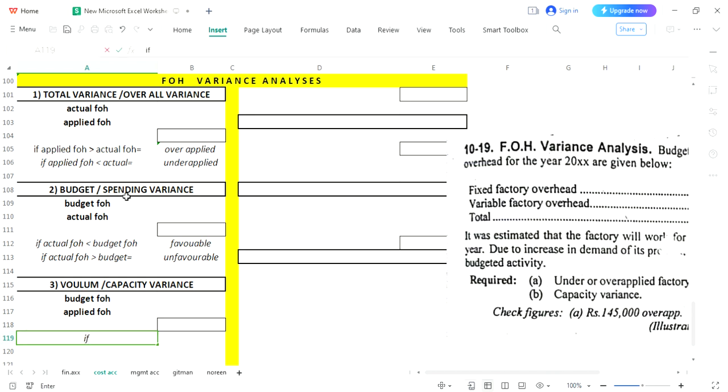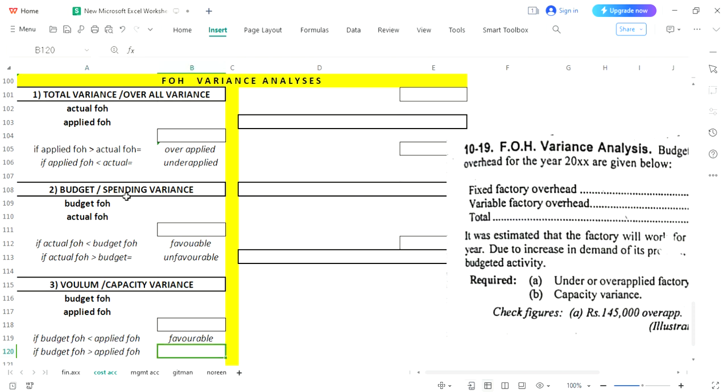And how would you conclude it? You will be focusing upon your budget. If your budget FH is less than your applied FH, that means it goes in your favor, so you will call it favorable. Contrary to this, if your budget FH is more than your applied FH, it will go unfavorable for you.